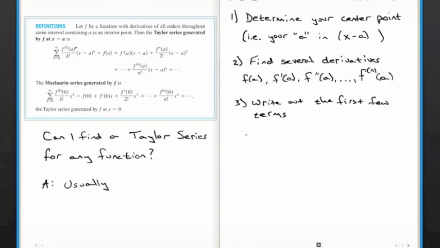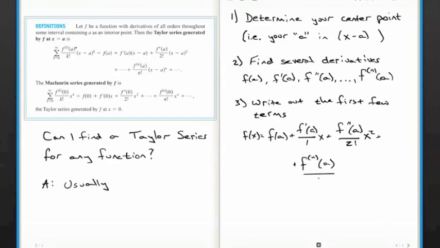So we need to write out our first few terms, or the first few coefficients is really what we're after. f of x is going to equal f of a plus f prime of a over 1 times x plus f double prime of a over 2 factorial times x squared plus, and hopefully we have a nice neat pattern for the nth derivative at a over n factorial times x to the nth.